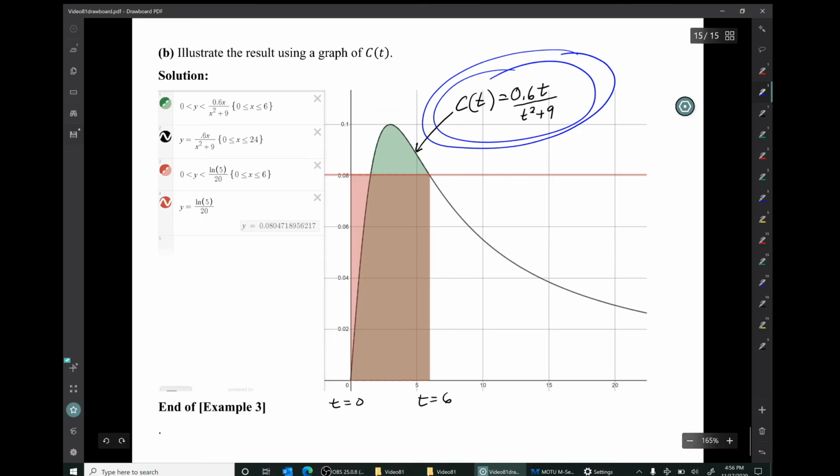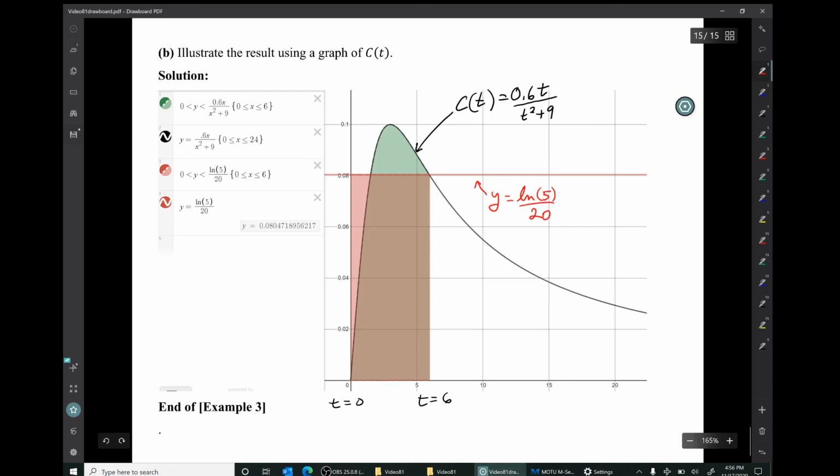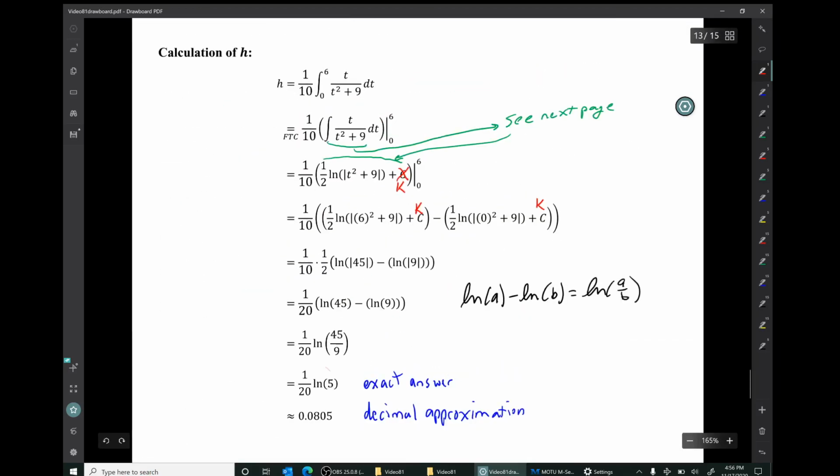So in the current problem, we're doing this very different thing. We're considering the area under that graph, or the area of the region between the graph and the x-axis. So also plotted here is this horizontal line, whose height is that value h, 1/20th of ln 5. That was the value of our h.